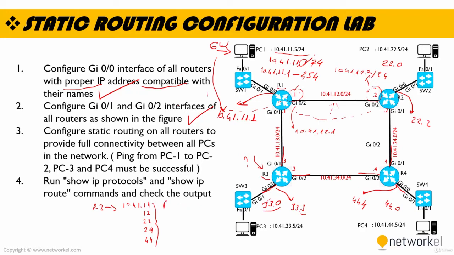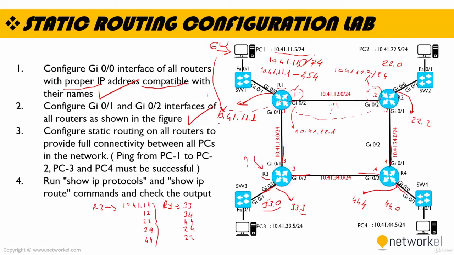This is going to be router 1, and I'm going to use 33, 34, 44, 24, and 22, right? I hope there is no problem about these steps and you can easily get this, because that's a really important portion of static routing.